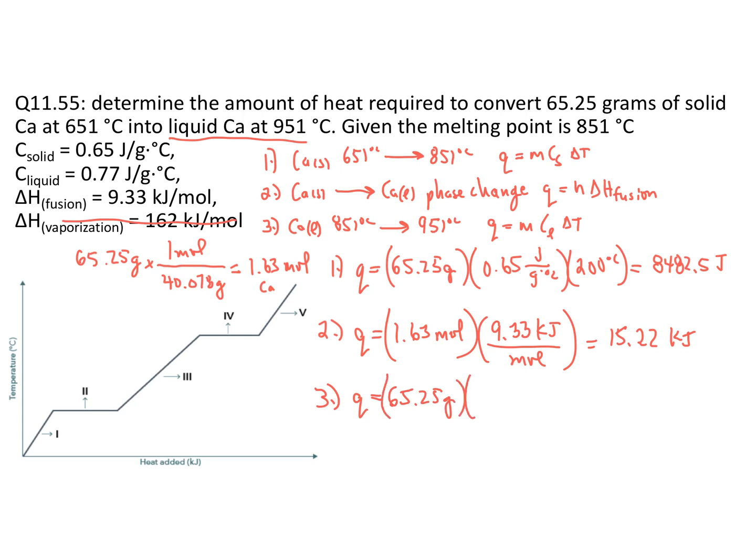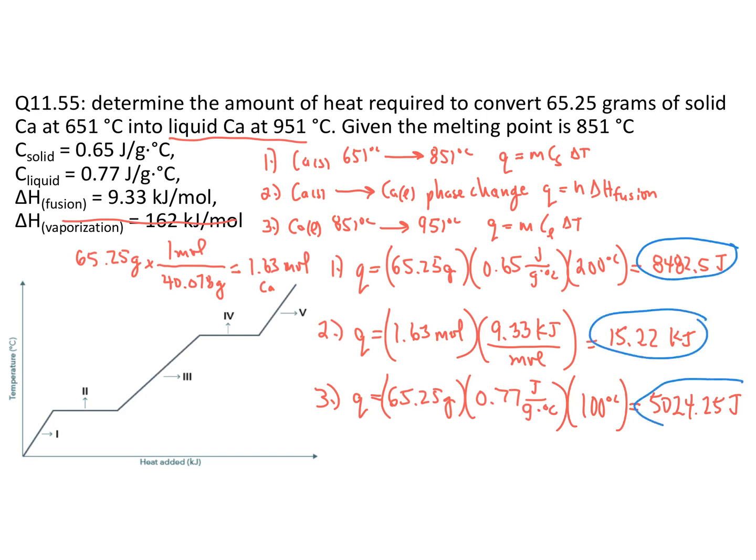Now I want to use the specific heat of liquid calcium, which is 0.77 joules per gram degrees Celsius, times my temperature change, 100 degrees Celsius. The energy required for the third step is approximately 5,024.25 joules. So now I have the energy of all 3 steps.